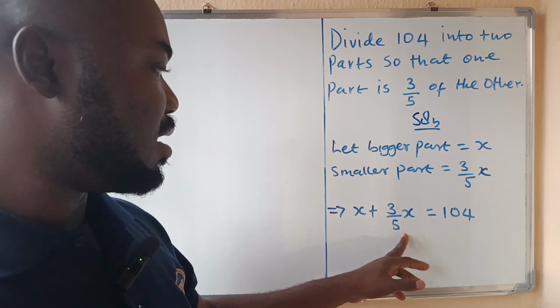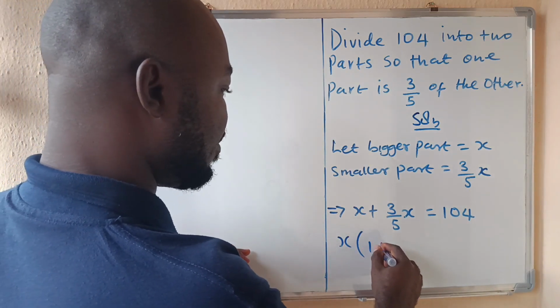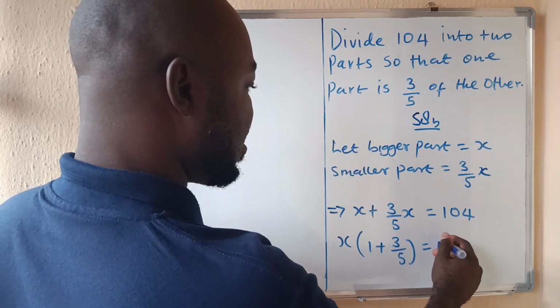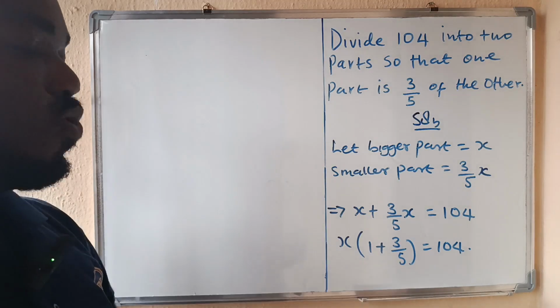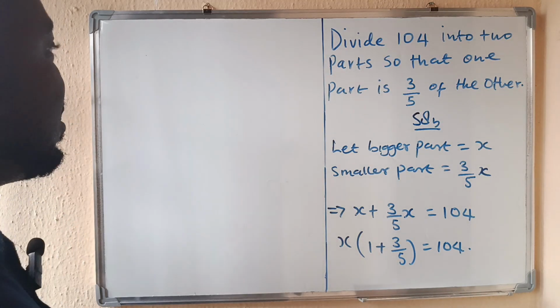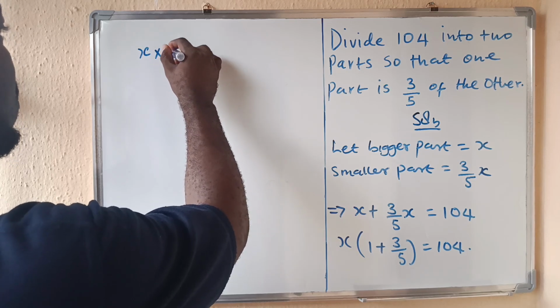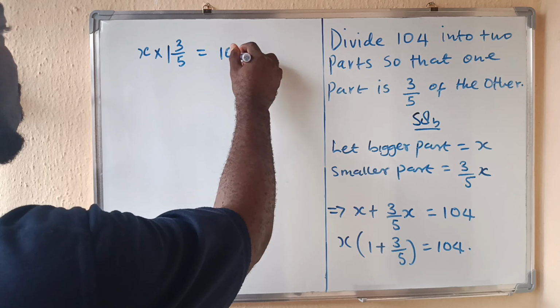Now, if you look at this here, x is common. I can factorize this out, and I'll have x times (1 plus 3/5) equal to 104. Now, if I add 1 to 3/5, that will give me x multiplied by 1 whole number 3/5, and that will be equal to 104.